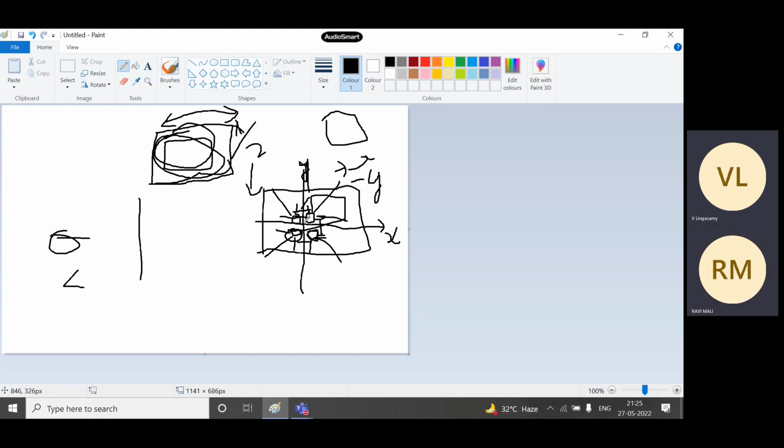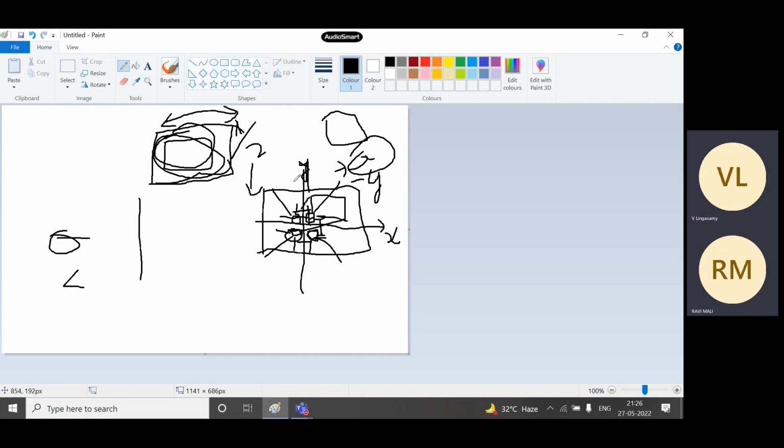Then you can place the center at x by 2 and y by 2 location, and accordingly place an element, drawing the patch size. That way you can plan.